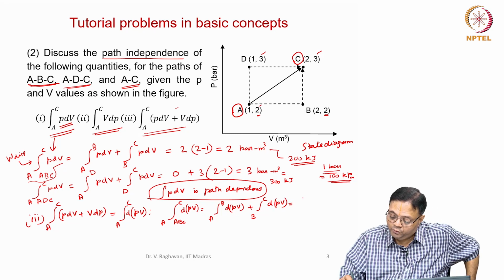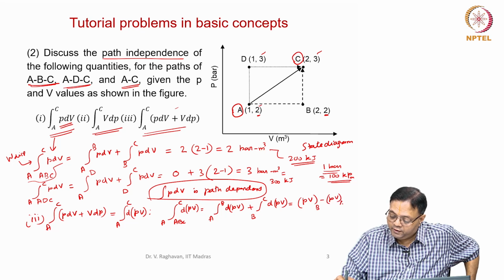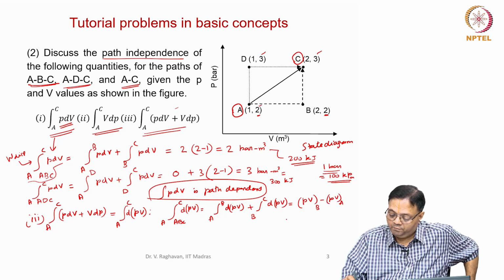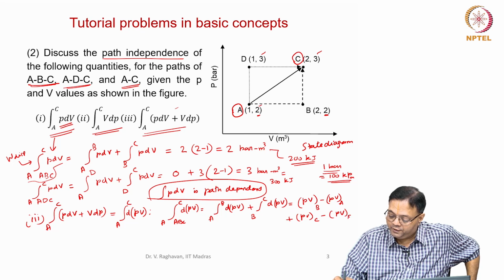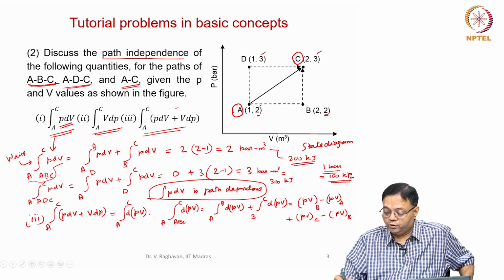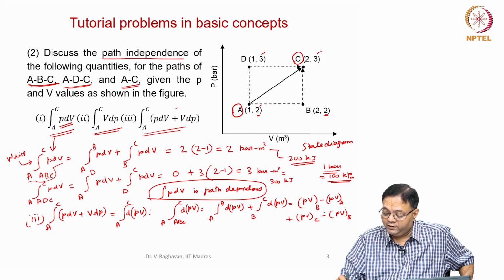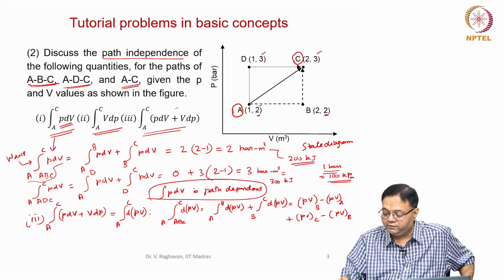Here PV B minus PV A plus here PV C minus PV B. So, you can do this and see that it is PV of C minus A, because this cancels.